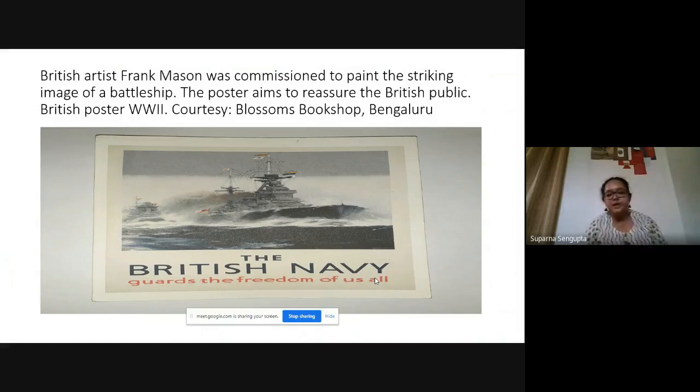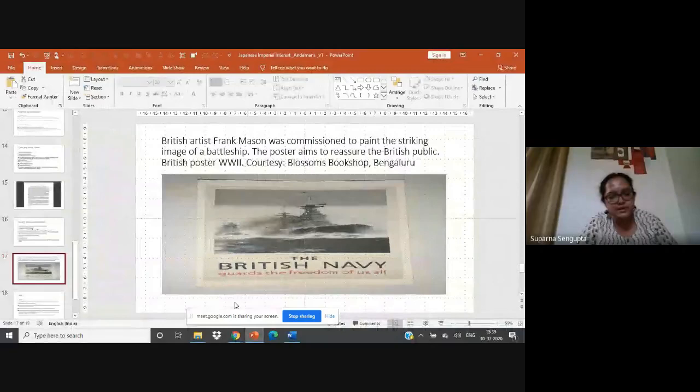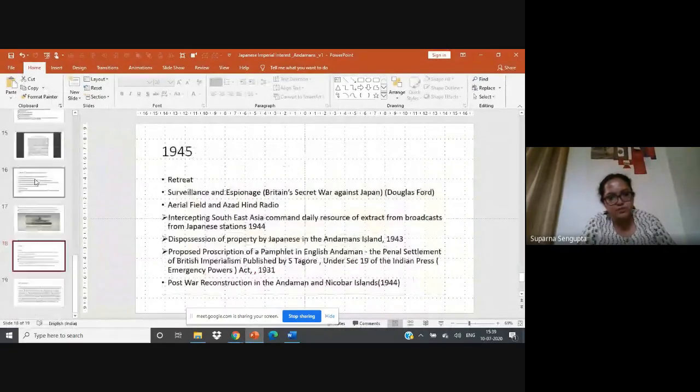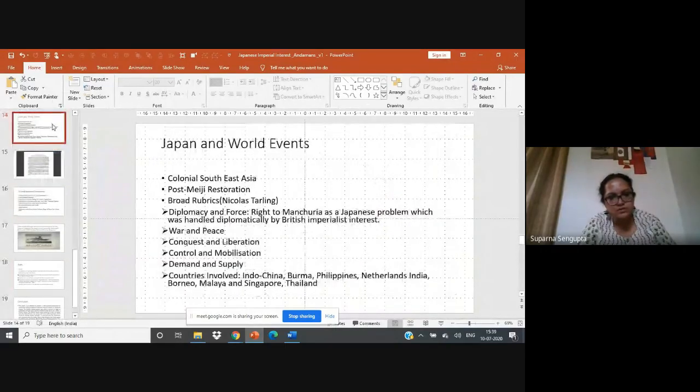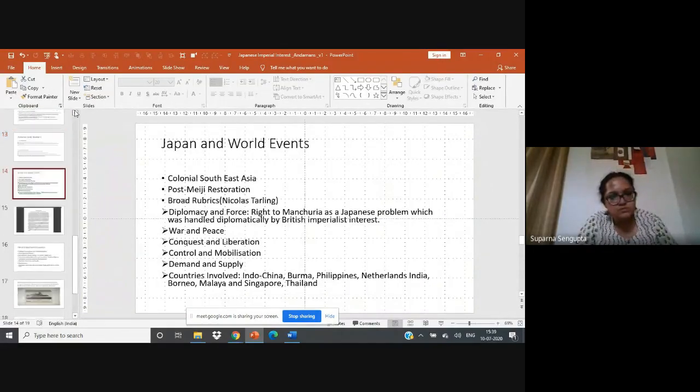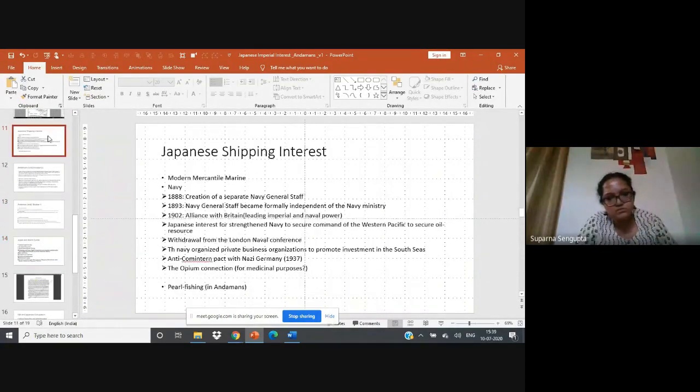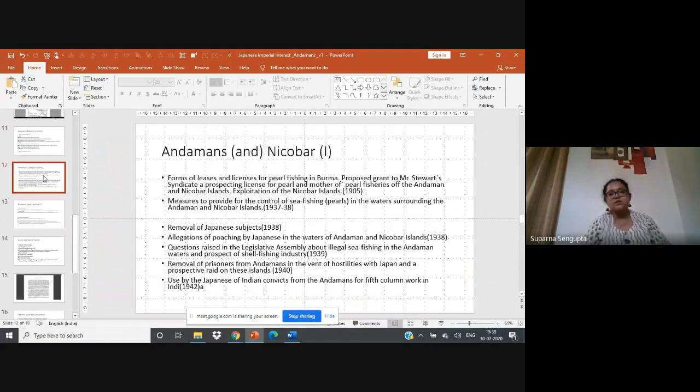Now, to come to the narrow issue of Andamans and Nicobars, we need to understand that Andaman and Nicobar was not just a penal colony essential to the British Empire, but it also had an economic interest.